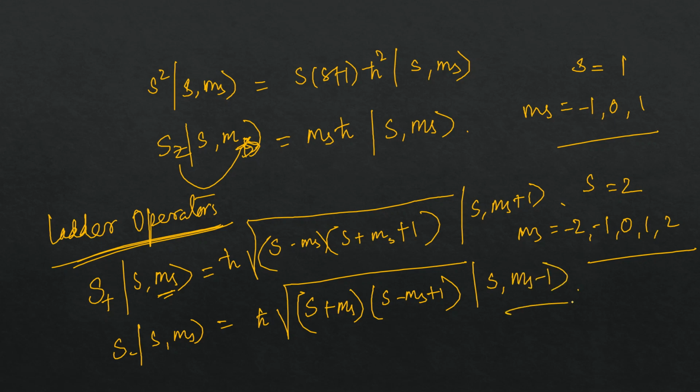One is increasing the value of Ms, this one is decreasing the value of Ms. This is your eigenvalue: h cut times the root of (S minus Ms)(S plus Ms plus 1) for S plus, and (S plus Ms)(S minus Ms plus 1) for S minus.